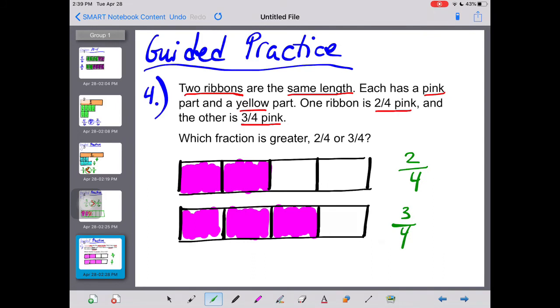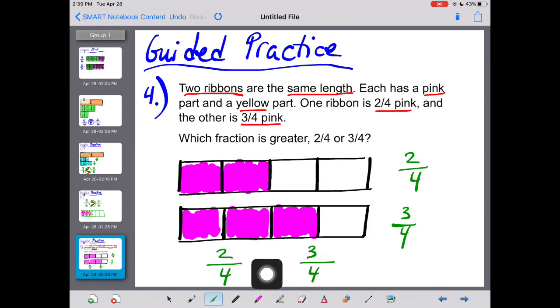So I'm going to write these side by side. We've got 2/4 versus 3/4. We're going to put a less than, greater than, or equal symbol in the middle. And remember, we always read from left to right. So we want to say 2/4 is less than 3/4.